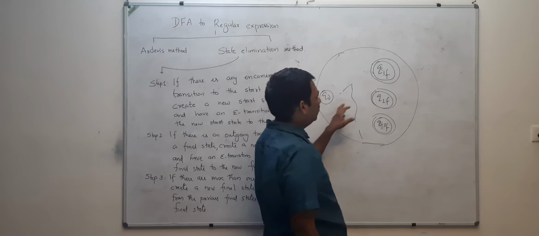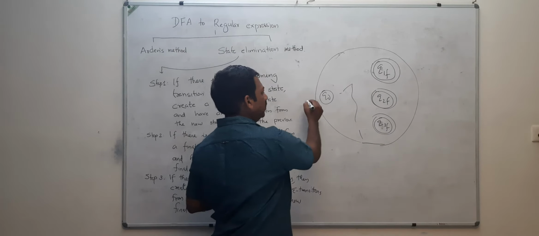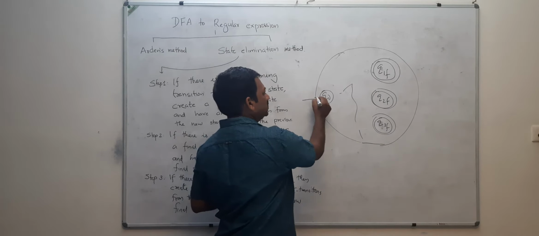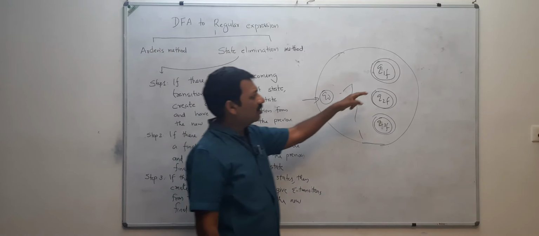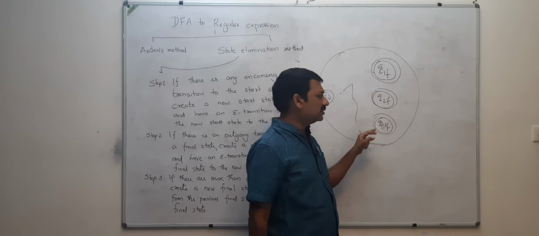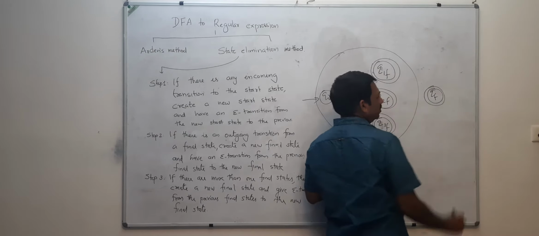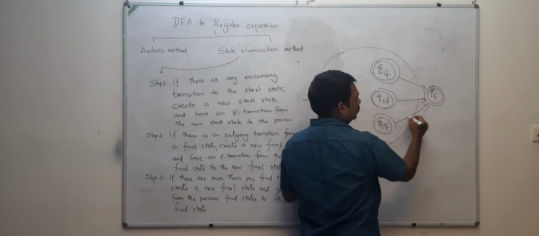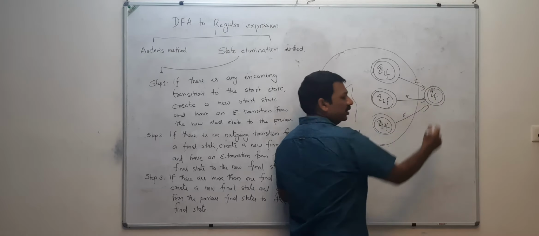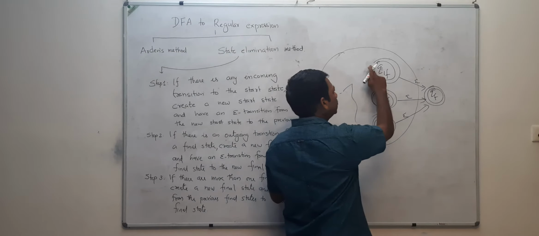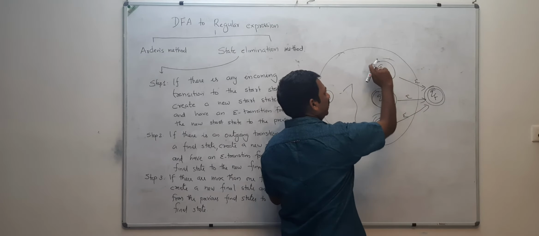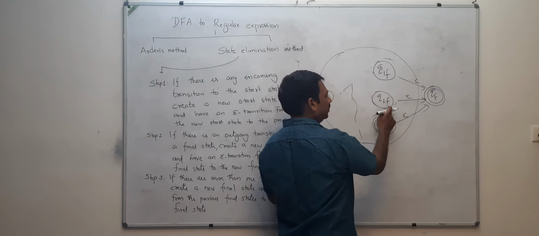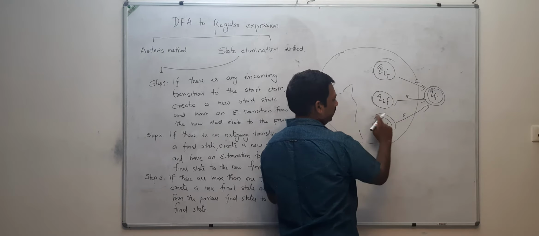For this you have a single start state and multiple final states, and the minor modification you have to do is, instead of all these final states, you create a new final state, say qf, make it the final state, and have epsilon transitions from all these final states to the newly created final state, and make all of these non-final.